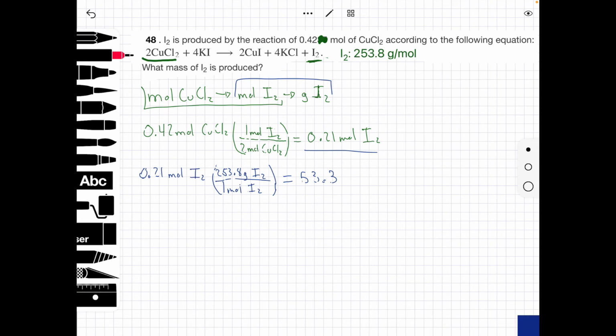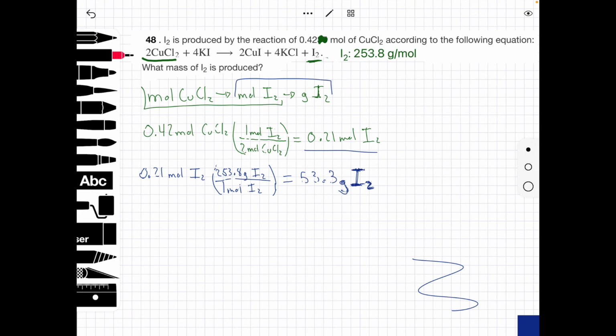The result of this is 53.3 grams of iodine. Sorry about this, my pen is not working very well right now. I think that now it's working.